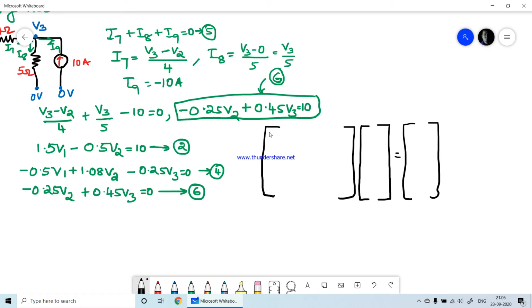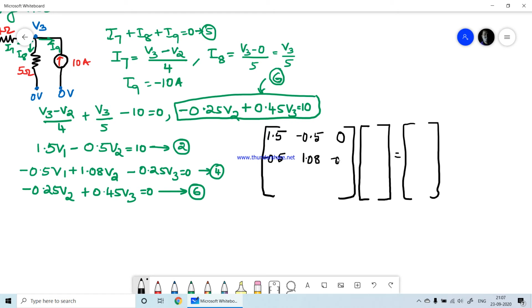So here V1 has 1.5, V2 has minus 0.5, and V3 is 0 because we don't have V3 in this equation. Then we have minus 0.5, then 1.08 for V2, and minus 0.25 for V3.